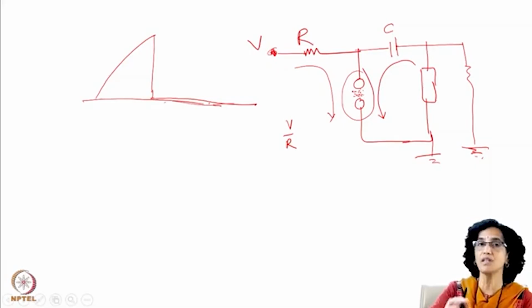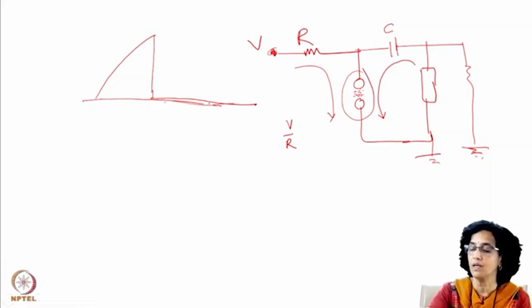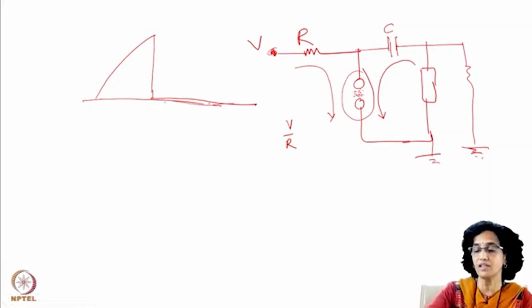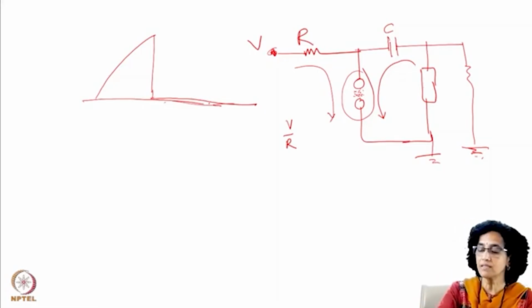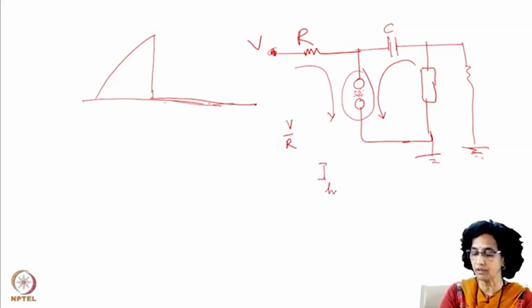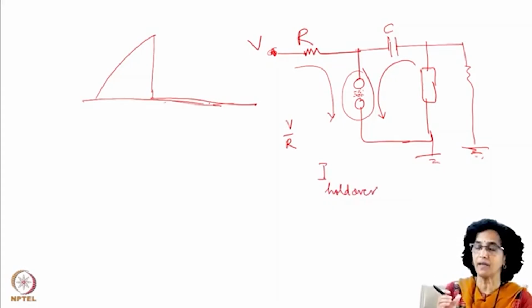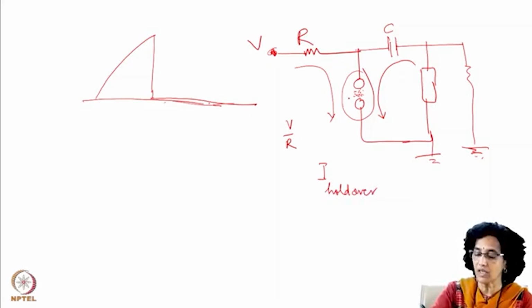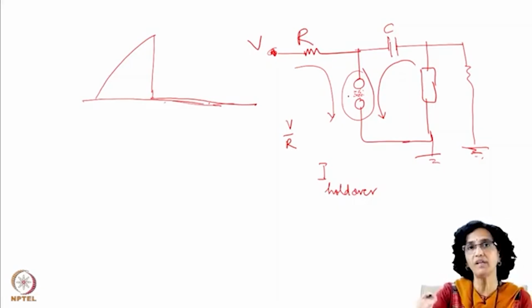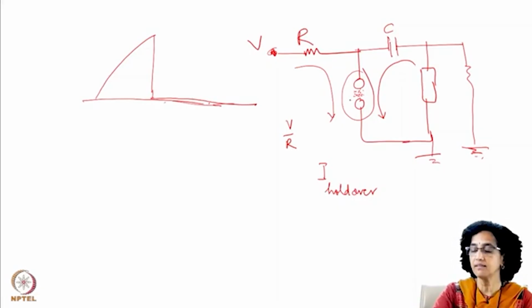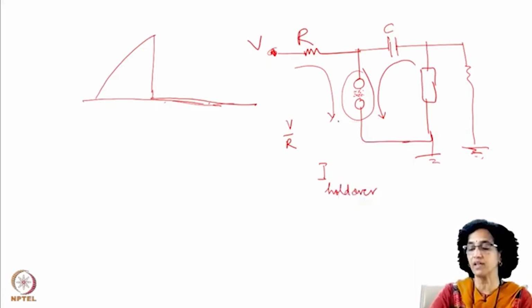So the switch has to recover before the condenser can get charged again. There is a maximum current called I holdover current, beyond which, if that current flows through this conducting switch, it will never recover.